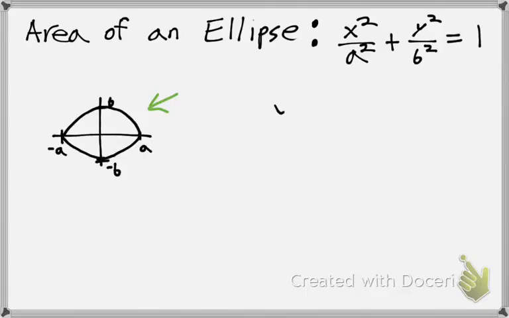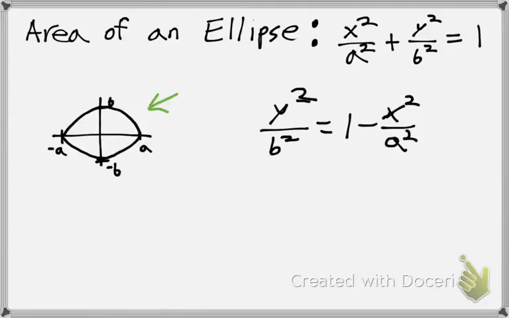So we'll get y squared over b squared is equal to 1 minus x squared over a squared. And so now we'll move over b so that it's y squared equals b squared times 1 minus x squared over a squared.